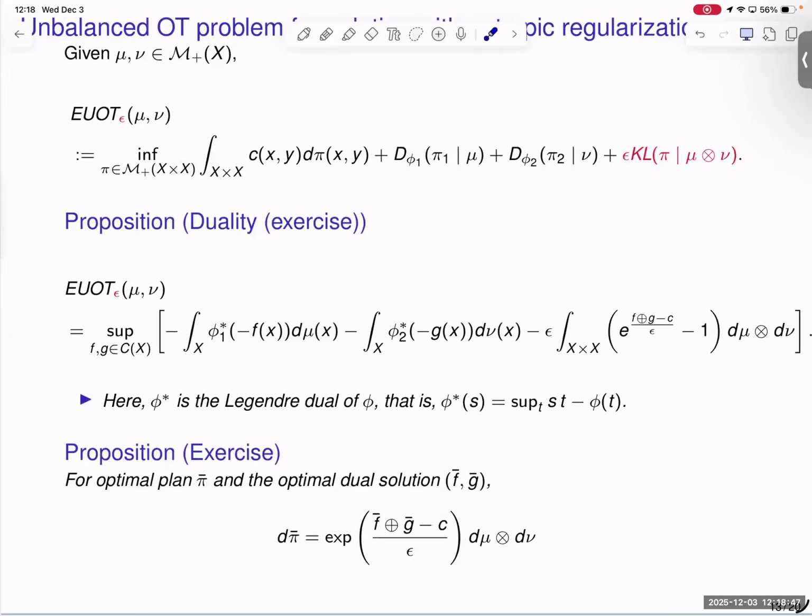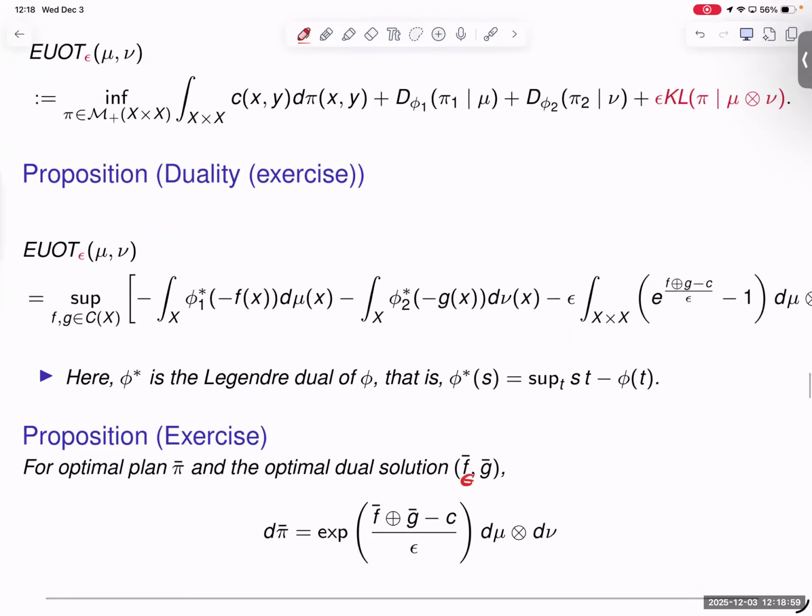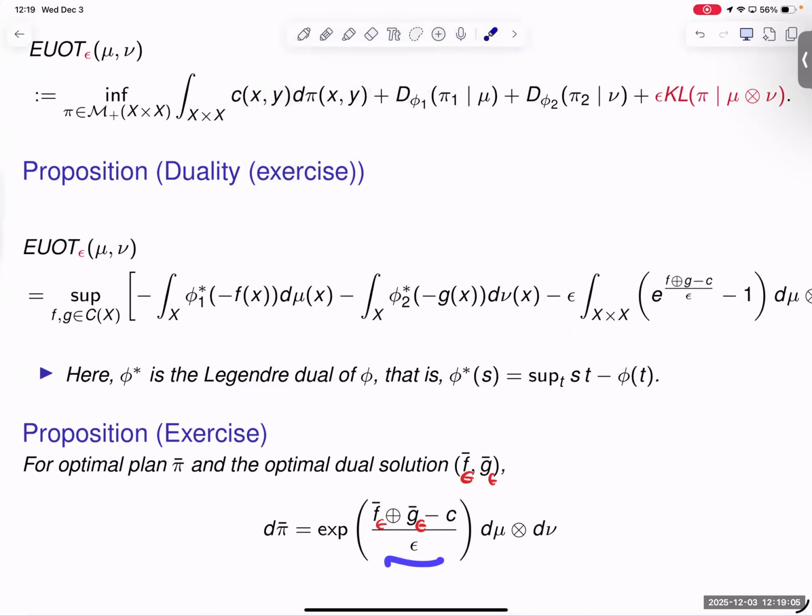With this epsilon, to answer your question, maybe you try to find the case when epsilon goes to 0. But here, this F bar and G bar, of course, depend on epsilon. Then you can see those features at least as a limit of this.